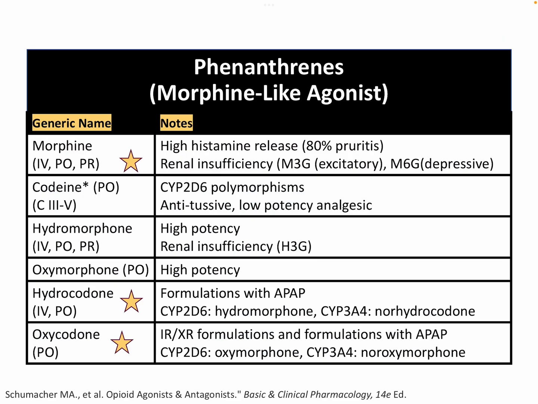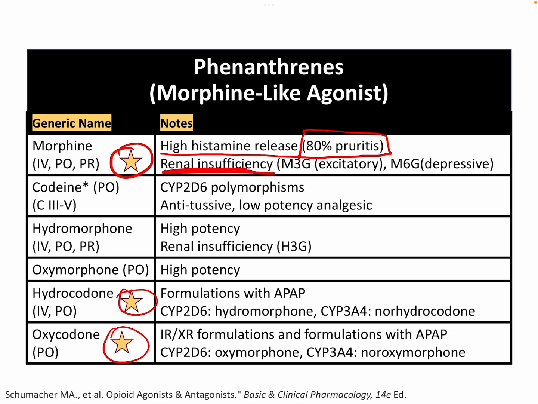Now let's talk about some agent-specific characteristics. Once again, you guys have your stars for your top 300 drugs. So I really do need you guys to know everything on this slide because it is quite important. So, for example, morphine. It has the highest amount of histamine release. There's almost an 80% risk of pruritus while you're taking morphine.